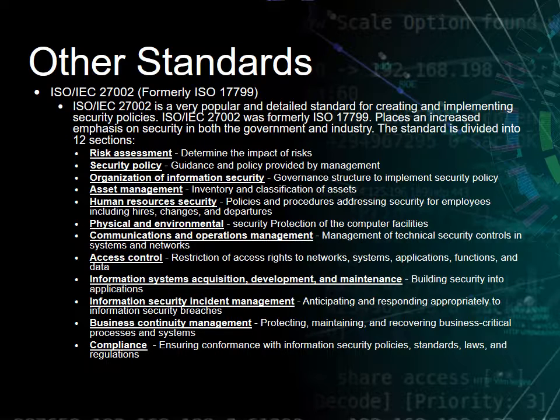Then the organization of information security, asset management, human resource security, physical and environmental security, communications and operations management, access control, information system acquisitions, information security incident management, business continuity management, and then compliance.